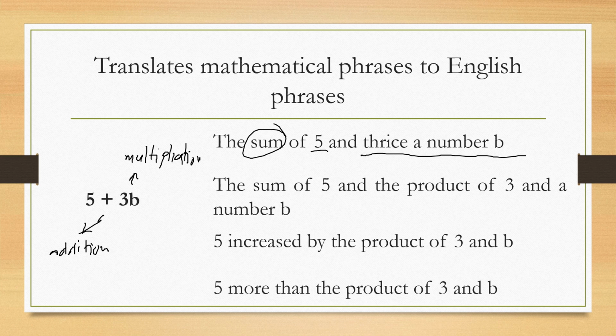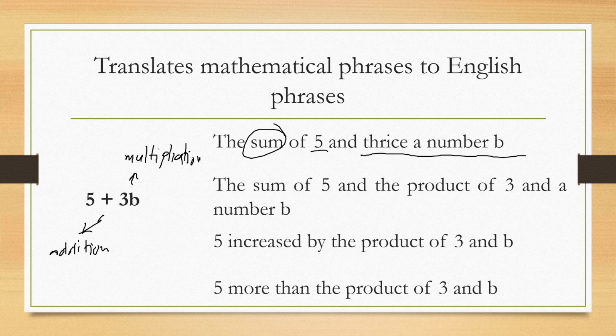But I will be giving this 4 as an example to translate this mathematical phrase into English phrases. So ganun po. So hindi ibig sabihin na kapag nag-translate kayo ng isang English phrase into mathematical phrase is isa lang yung magiging sagot, pero kapag kinonvert nyo or tinranslate nyo yung mathematical phrase into English phrase, hindi lang isa yung sagot.